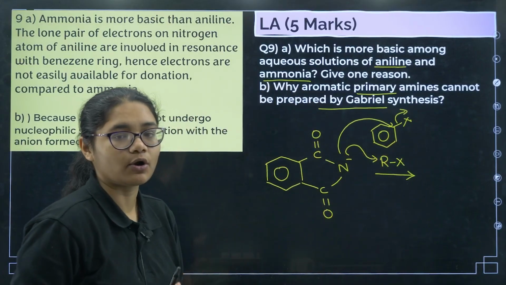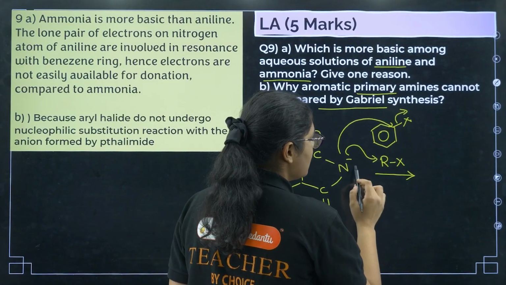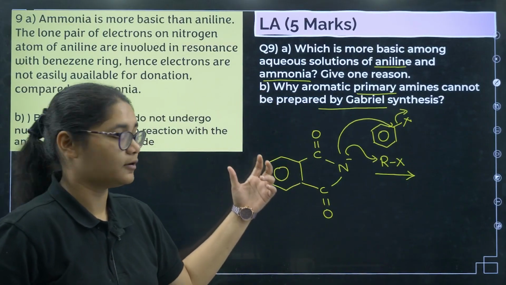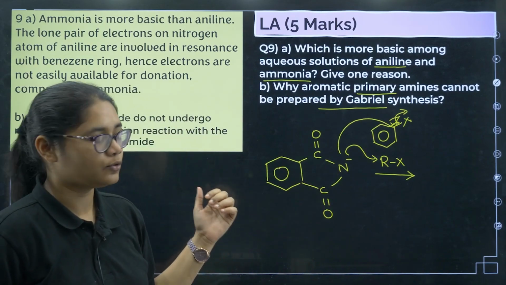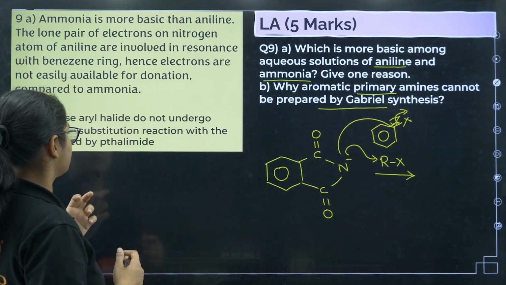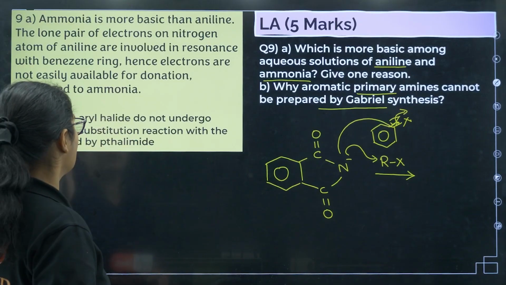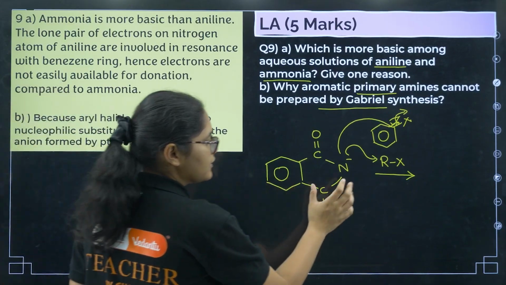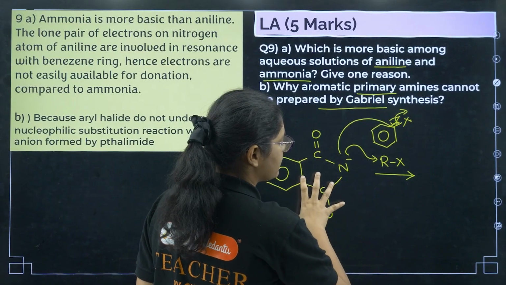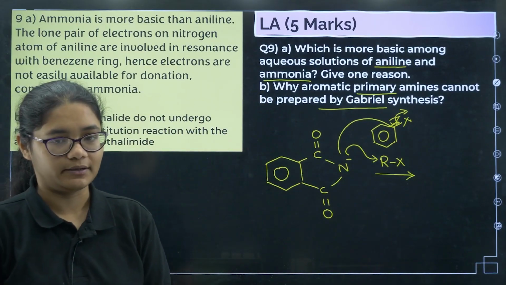That process will not take place, that is not possible. Why? Because we have a partial double bond character here. So the aryl halide does not undergo nucleophilic substitution reaction with the anion formed by phthalimide. There is no nucleophilic reaction possible.